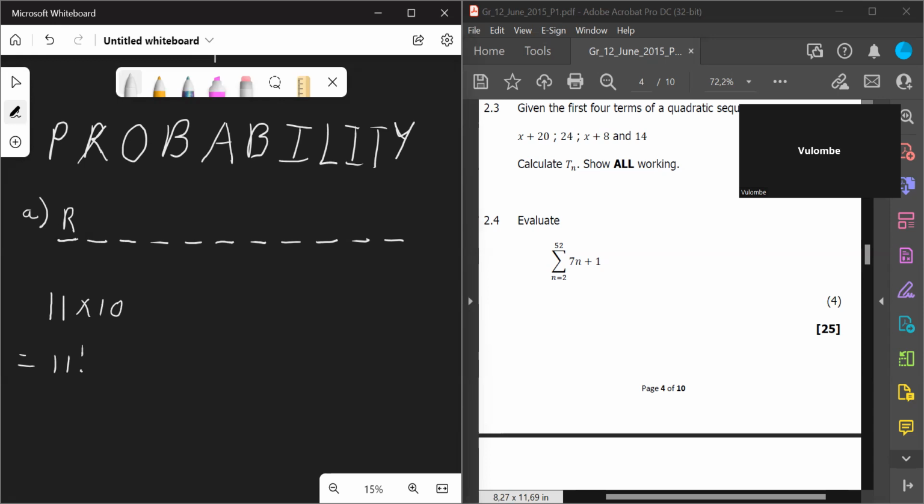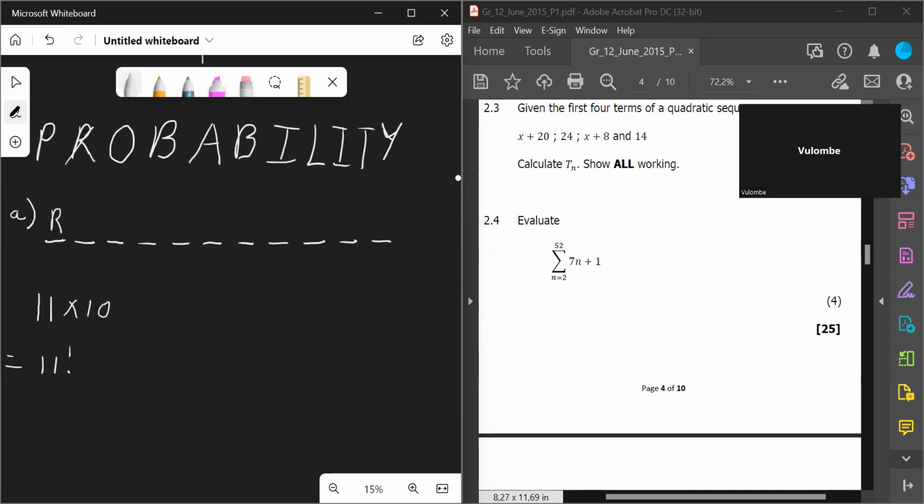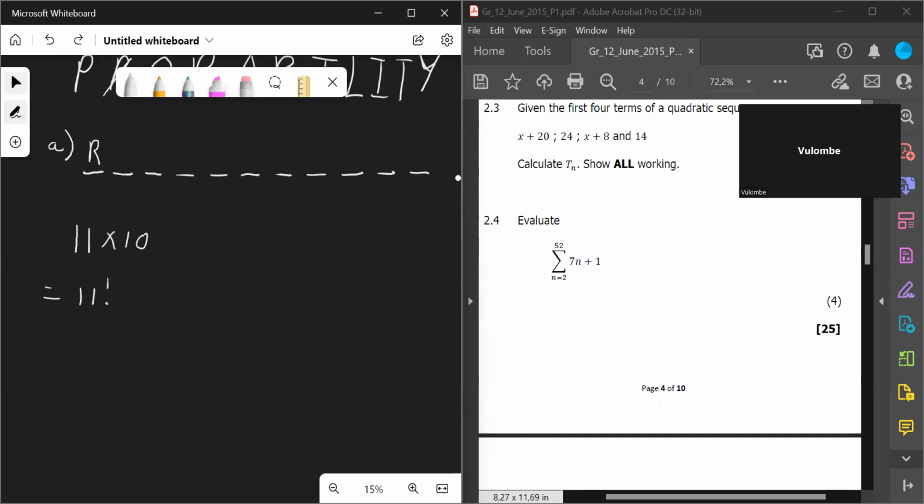But this word probability has repetitions, right? There are letters that repeat. B repeats and I repeats. So there are two sets of repeating letters. So we write it as a fraction: for B, there are two B's, so 2 factorial, times two I's, 2 factorial.